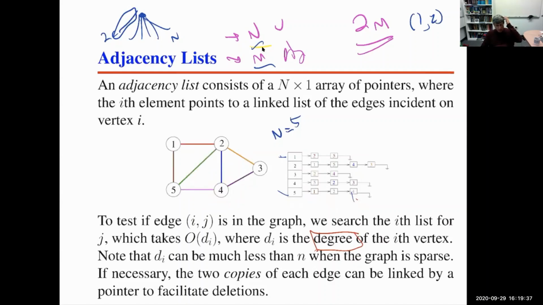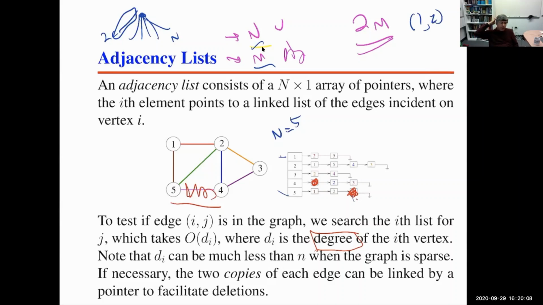Okay? So suppose we wanted to delete the edge 4, 5. How do we delete the edge 4, 5 from the graph? Well, from the 5 list, we've got to blow the 4 away. And from the 4 list, we've got to blow the 5 away.